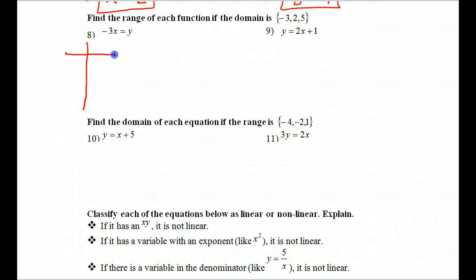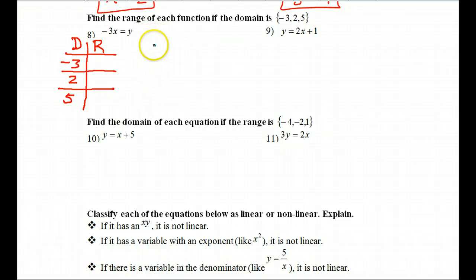So the domain is like the x values, and the range is the y values. So if the domain is -3, 2, and 5, then the range will be the y values that we get if we plug these in.